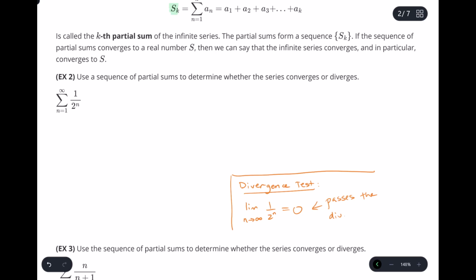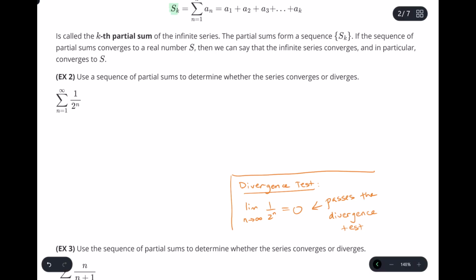And because it passes the divergence test, that means that it could possibly converge, but it's not a guarantee. I should be careful in saying that if it failed the divergence test, then we know it would diverge. We just don't know what's happening now.